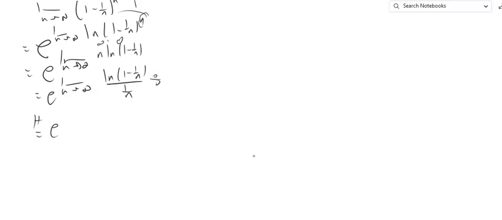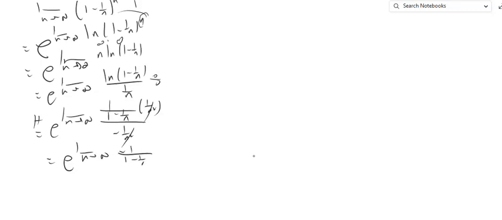By L'Hopital's rule, that's e to the limit as n approaches infinity of 1 over 1 minus 1 over n, times 1 over n squared, divided by negative 1 over n squared. Those cancel out. That approaches 0. That is e to the negative 1, which doesn't equal 0.